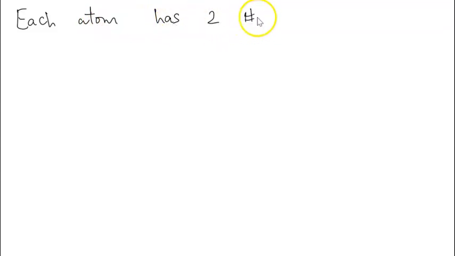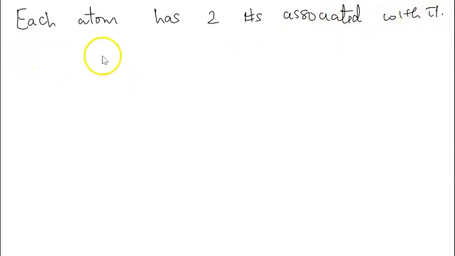Alright, each atom, I touched a little on this just now, each atom has two numbers associated with it. For example, we have carbon-12, with 6.